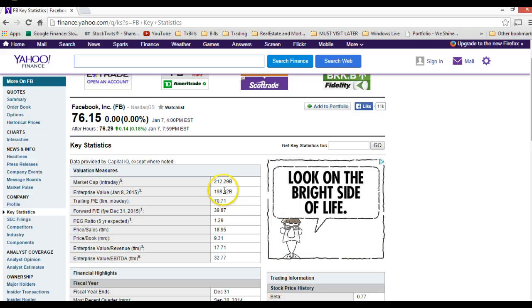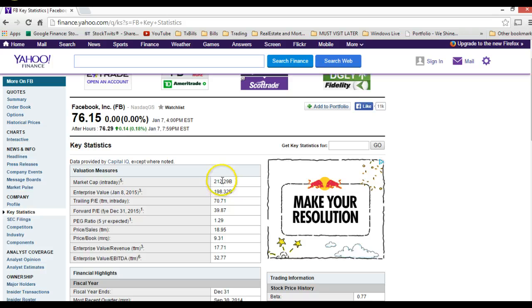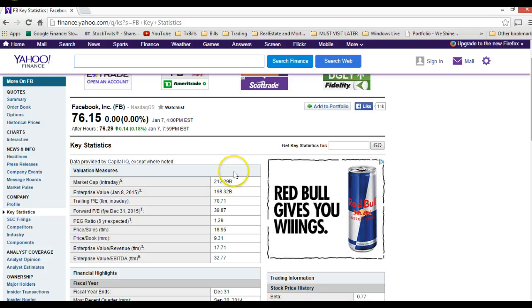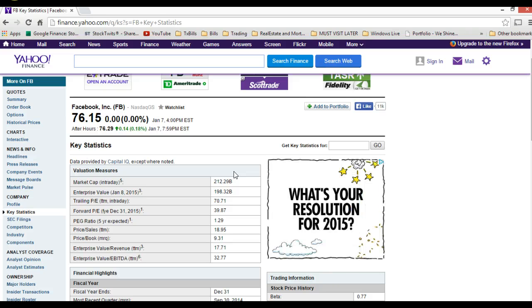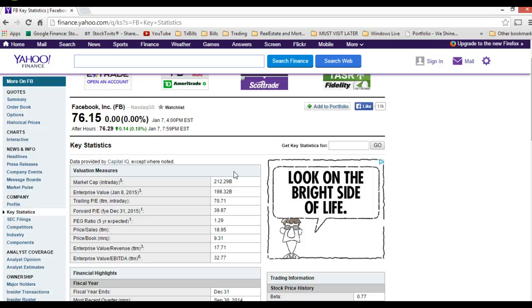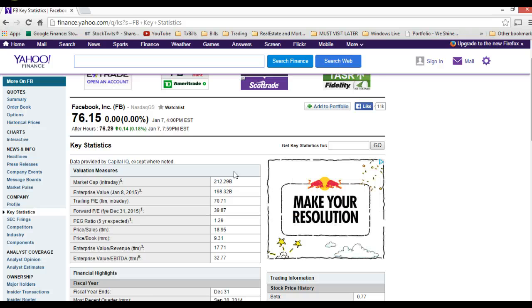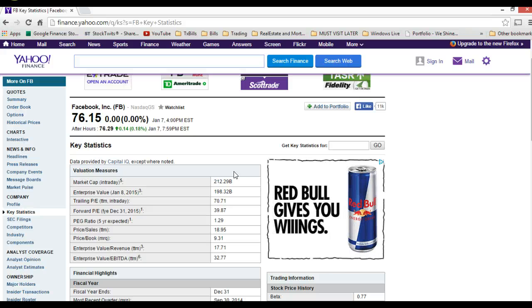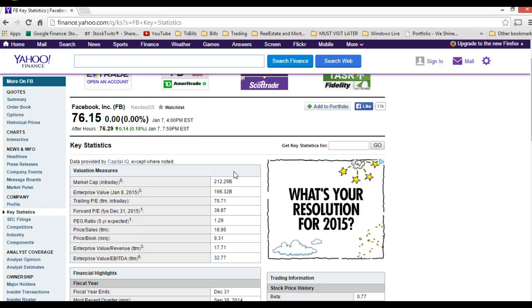So technically Facebook is 198 billion, not the 212 billion that market cap states. And don't look at this and state that just because enterprise value says 198 billion and the market cap says 212 billion, that doesn't mean that Facebook is overvalued, and we'll talk about that more in part 2.